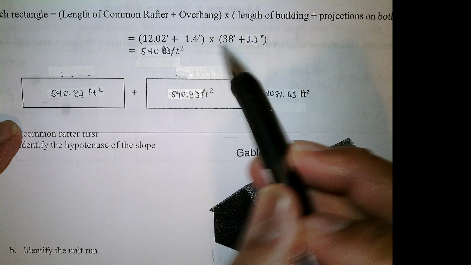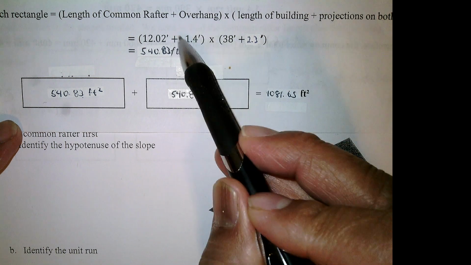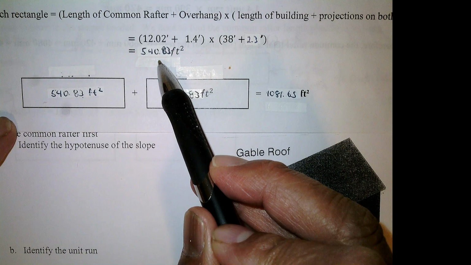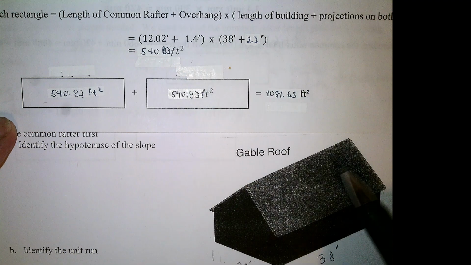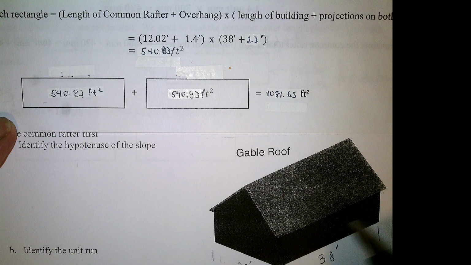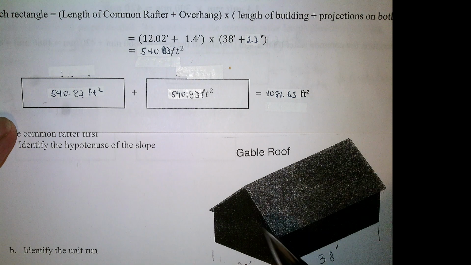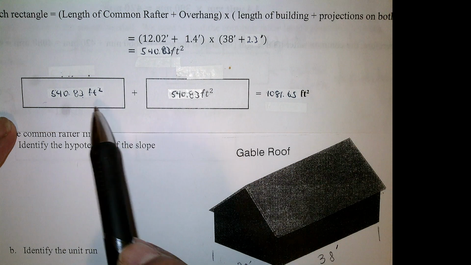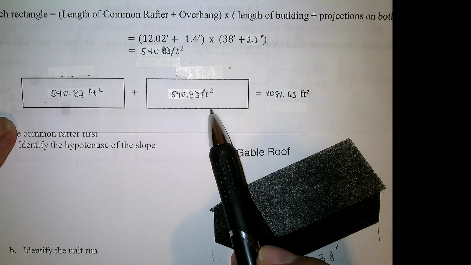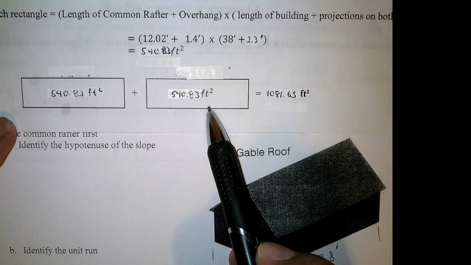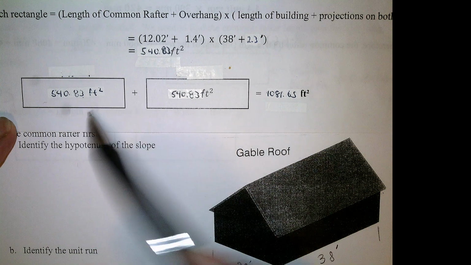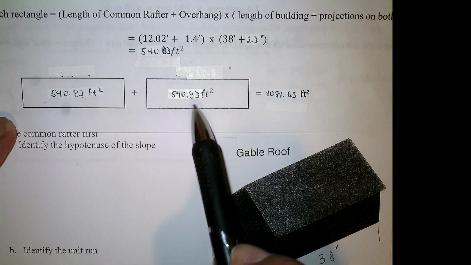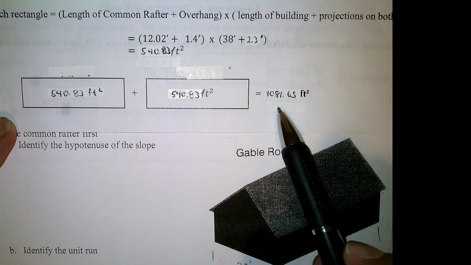Add it up, multiply: length times width is the area. So we have a rectangle on the right and on the left. There are two rectangles of the same dimensions, so you add up the results, the areas, and that's the final answer.